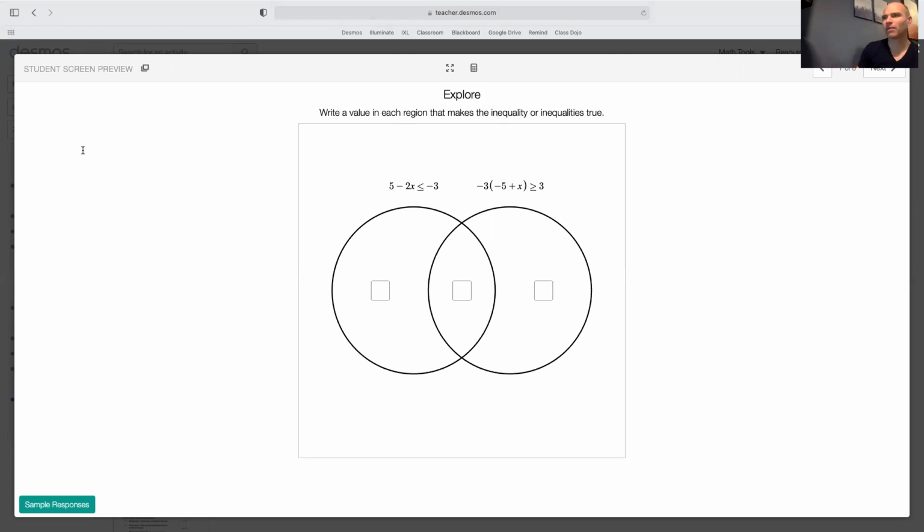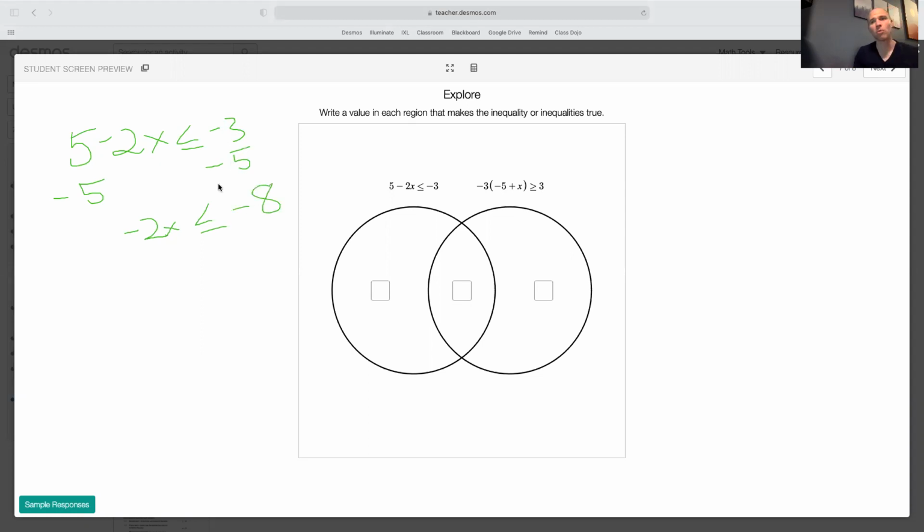We got, let me draw. 5 minus 2x is less than or equal to -3. I'm going to subtract 5 from both sides. And I get -2x. Notice I did not lose that minus sign that was in front of the 2x. It's -2x is less than or equal to -3 minus 5, which is -8.